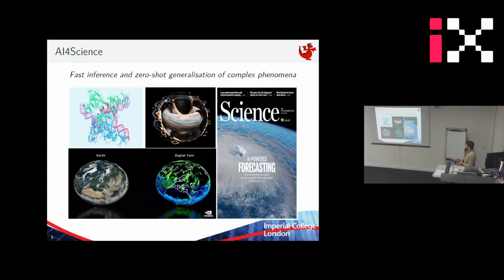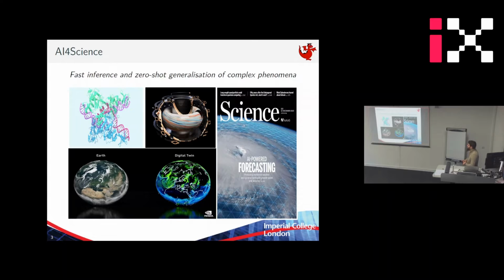And then most recently, I would say over the last couple of months or the last year or 2 years, there's been a lot of interest towards weather forecasting. So this is the cover of Science. In fact, it's the cover from last month. And that was the result of a paper from DeepMind called GraphCast, where they tackled weather forecasting.